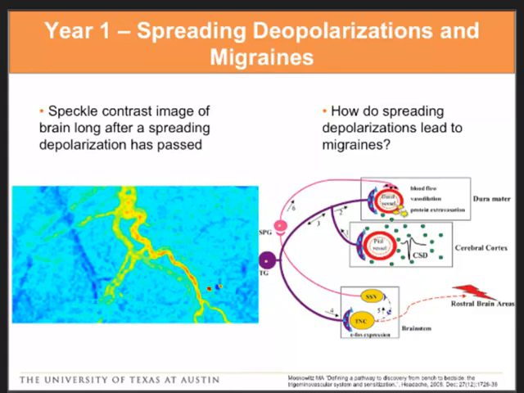So they took a speckle contrast image long after the blood flow change had occurred. You can clearly see that even though the cortex has decreased blood flow, there's increased blood flow in the dural layers, I suppose you could say. And I thought, well, that worked out perfectly, because the speckle contrast imaging technique really could help answer at least that part of the vascular hypothesis.